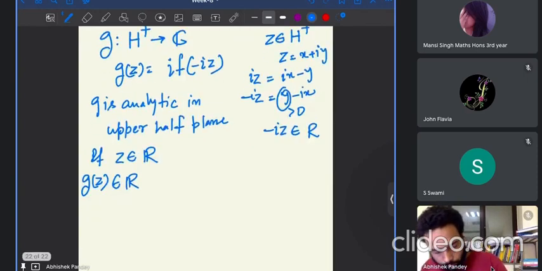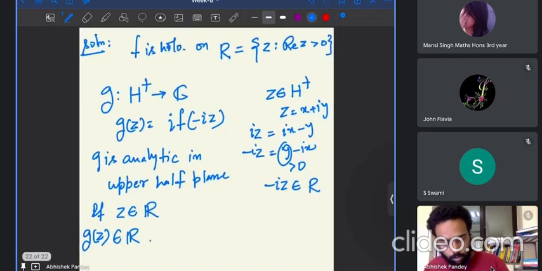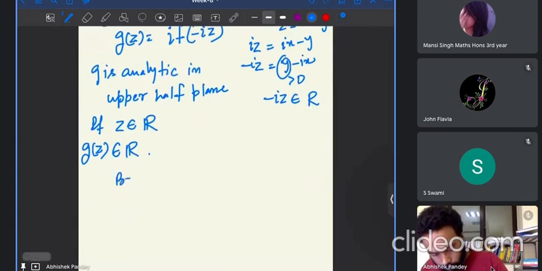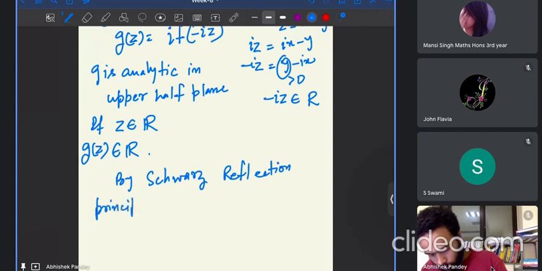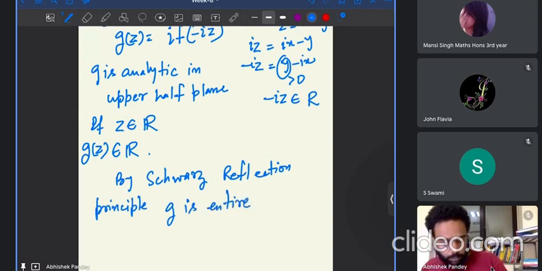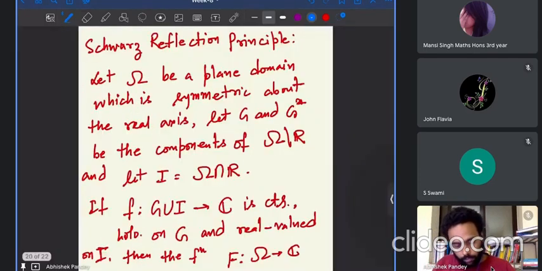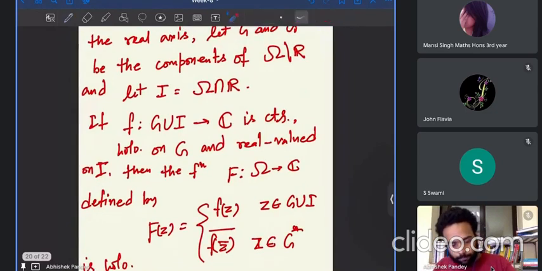Now we are in the Schwarz reflection principle case. So by the Schwarz reflection principle, g is entire, which means you can extend g using this formula.